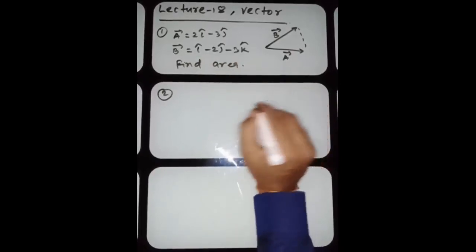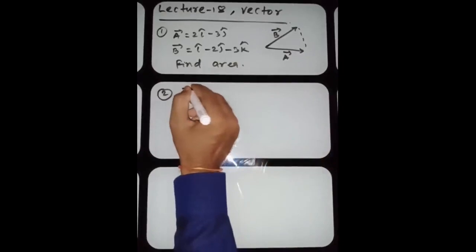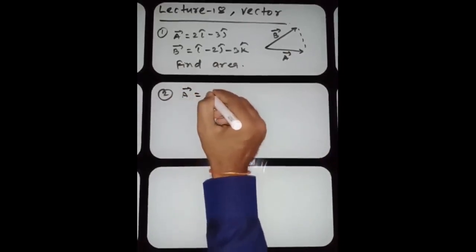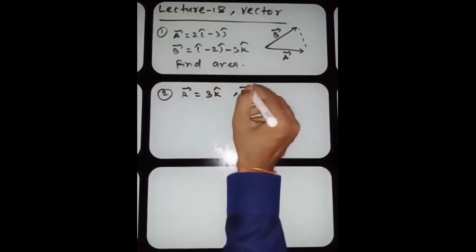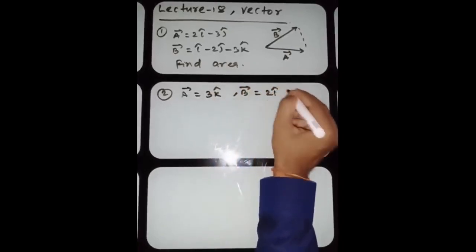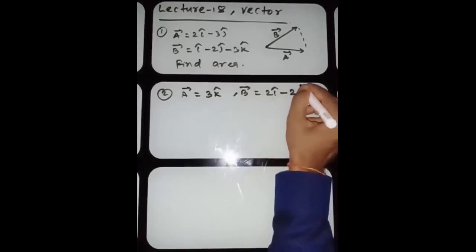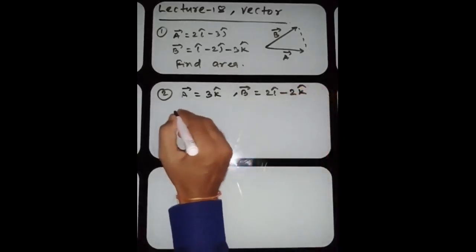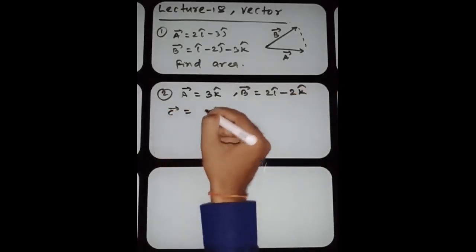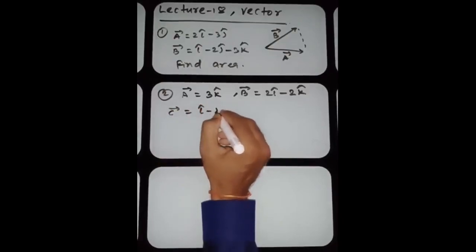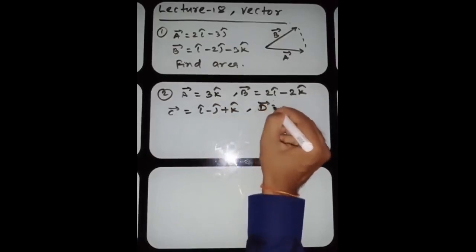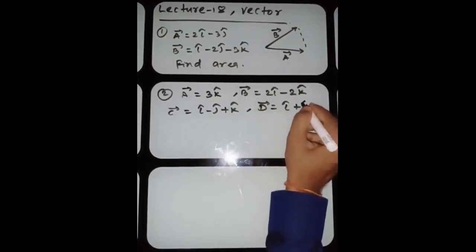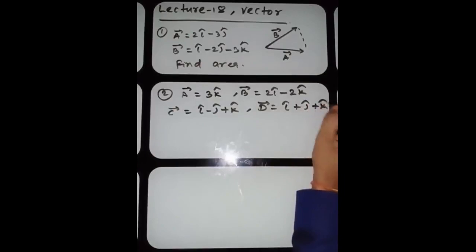Second question: A is 3k, B is 2i minus 2k, C is i minus j plus k, D is i plus j plus k.